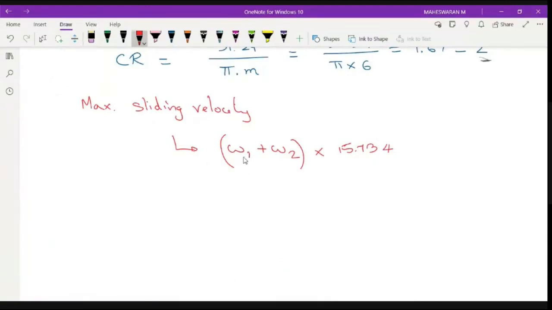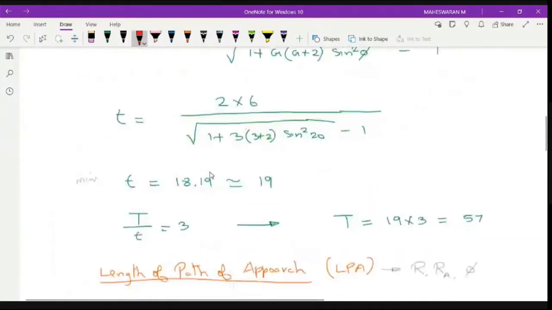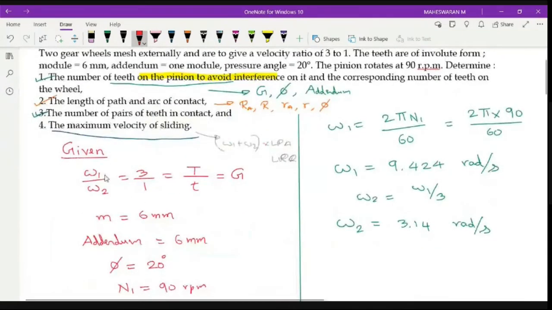The next step is to identify omega 1 and omega 2. You know omega 1 by omega 2 is 3. How to identify them separately? We identified this at the beginning itself. Omega 1 we consider as 2 pi N by 60.